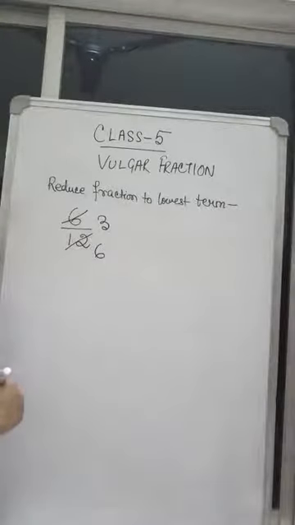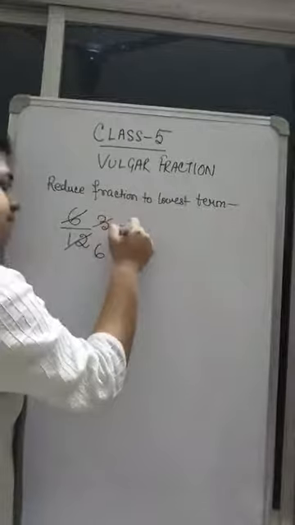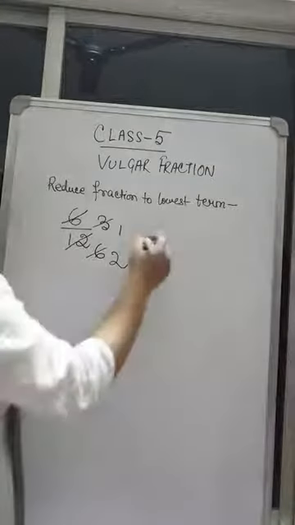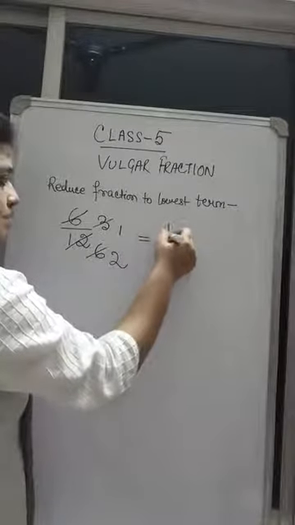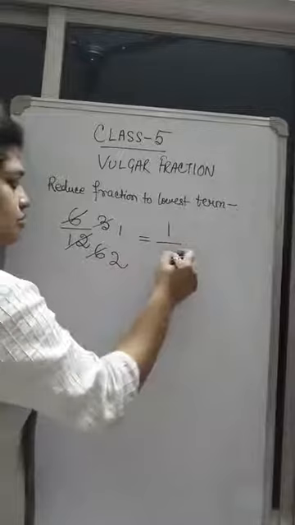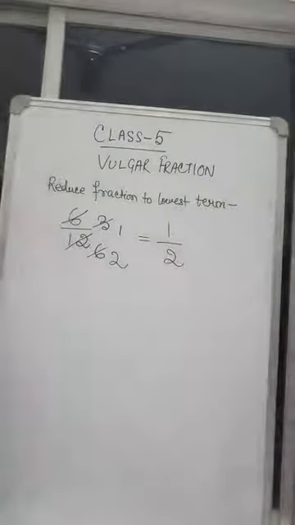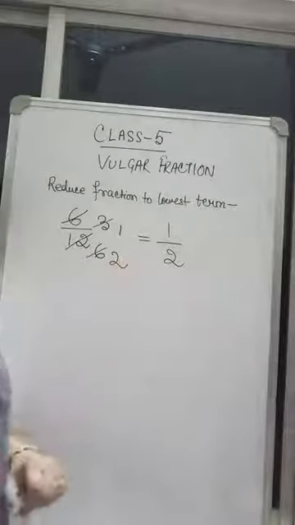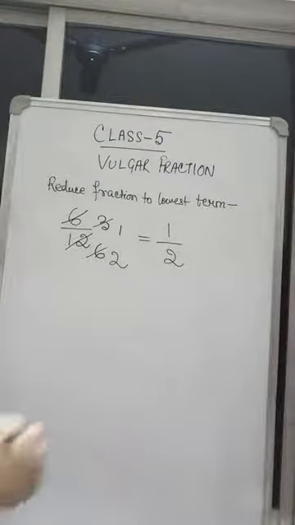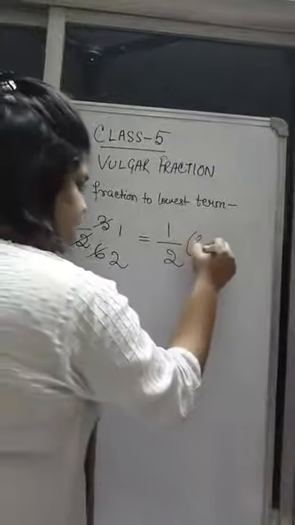So here I will divide with 3. 3 1s are 3. 3 2s give you 6. So now what is the number on top? 1 by 2. So you have reduced it to the lowest term. Now you can no longer divide and reduce it further. So this is the answer.